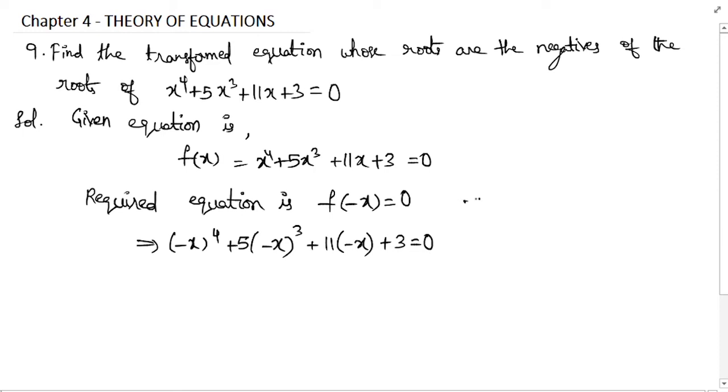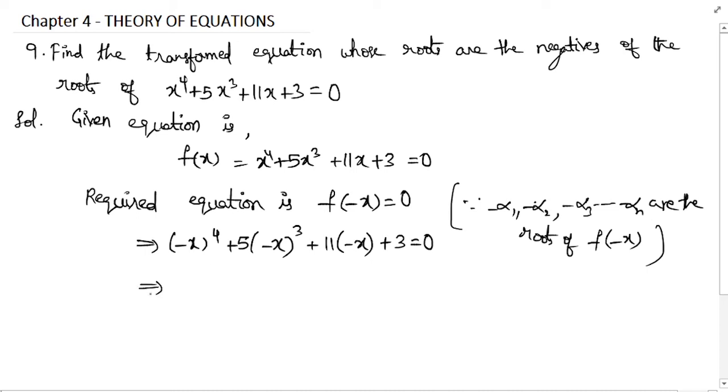We got this because −α₁, −α₂, −α₃ and so on up to −αₙ are the roots of f(−x). Do remember this. So this implies x⁴ − 5x³ − 11x + 3 = 0. So this is the transformed equation.